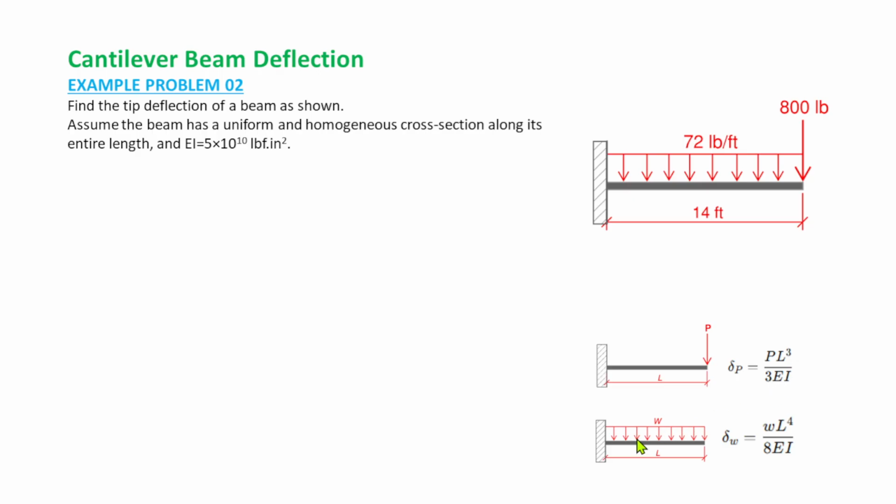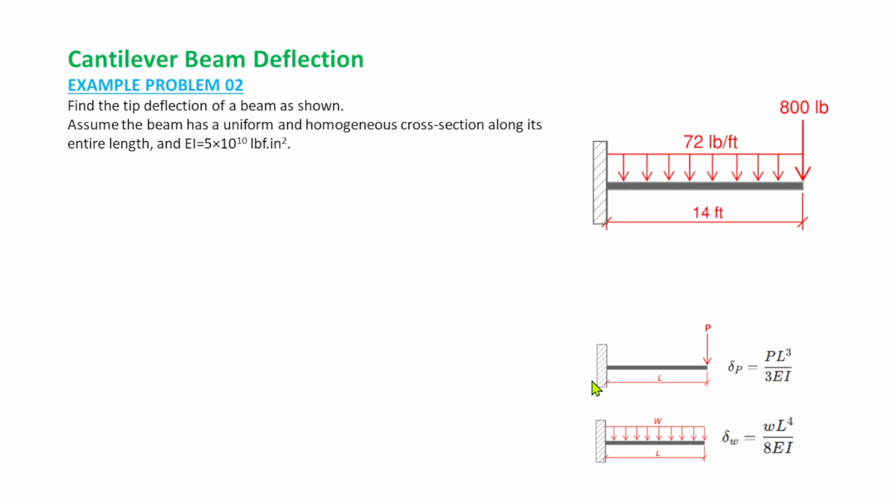And for the uniformly distributed load, we have the formula WL to the fourth over 8EI. If you want to get the maximum deflection here at the tip, you just combine these two formulas.